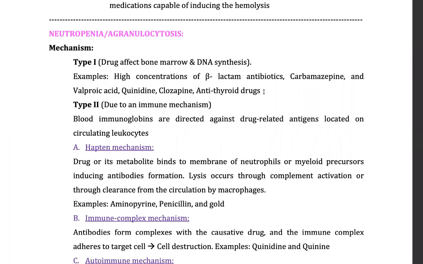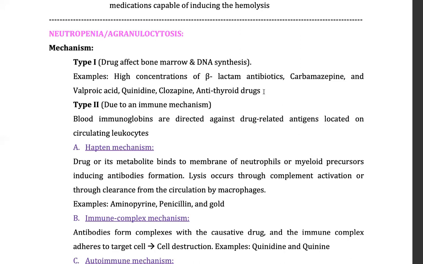These drugs are responsible for the type 1 mechanism to induce neutropenia. Type 2 mechanism is due to an immune mechanism, antigen-antibody complex, where blood immunoglobulins are directed against drug-related antigens located on circulating leukocytes.